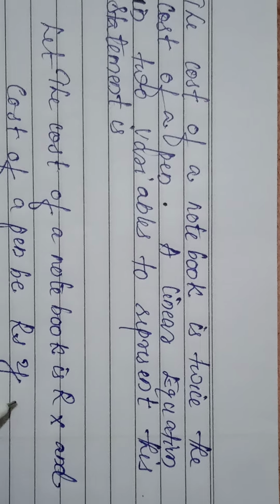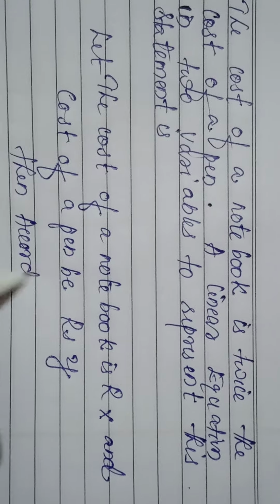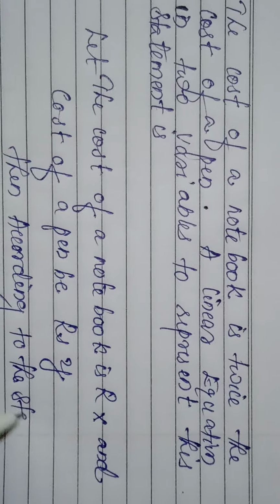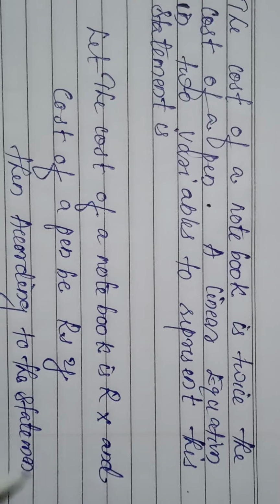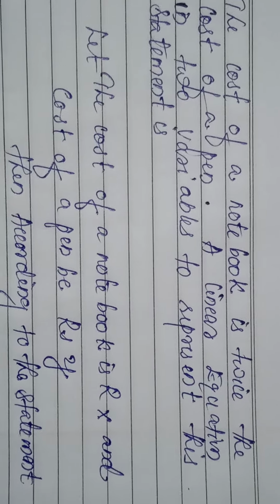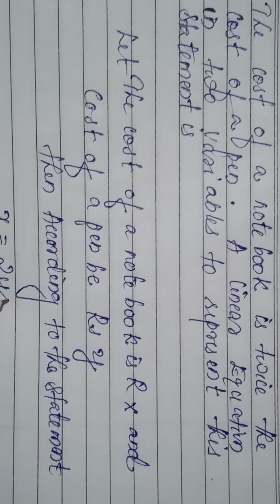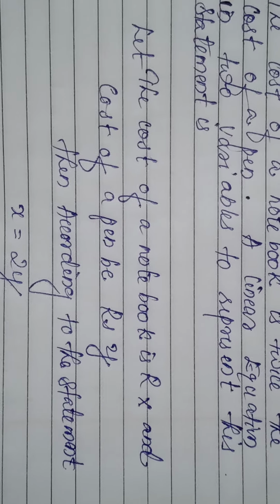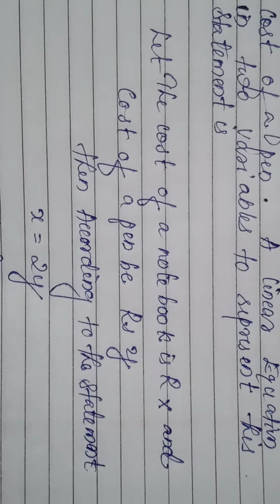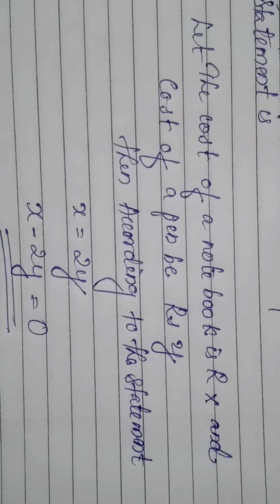Understood? Then according to the statement, the cost of the notebook is twice the cost of the pen. Twice the cost of the pen means it will be 2y. So according to the general form, we should write: x - 2y = 0. Understood? In this way we are representing the equation.